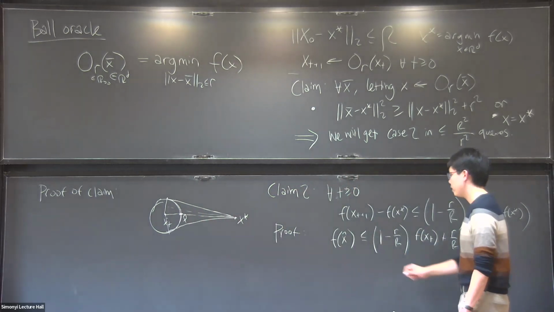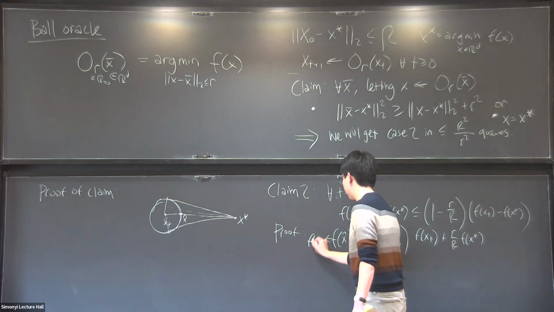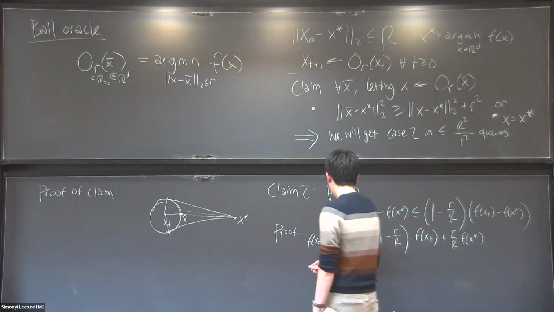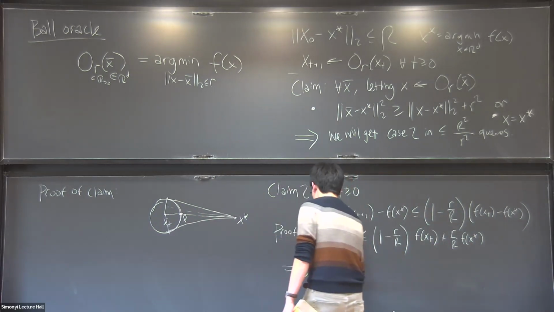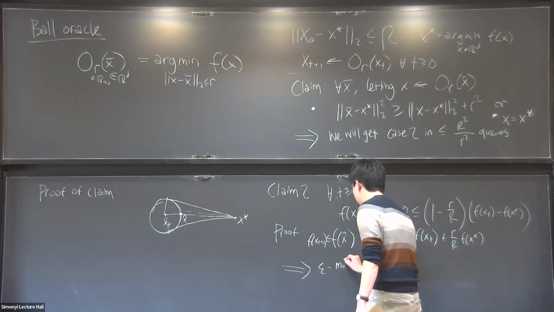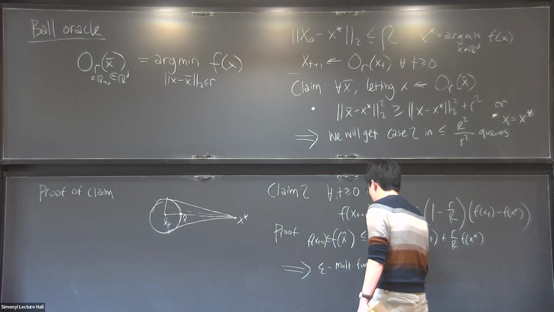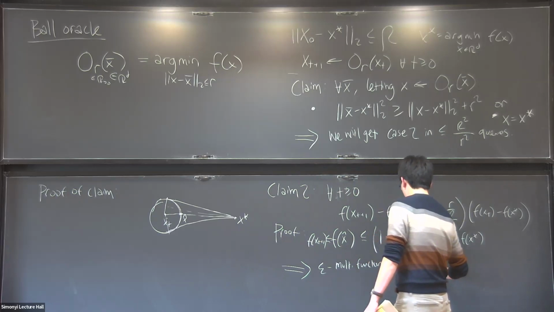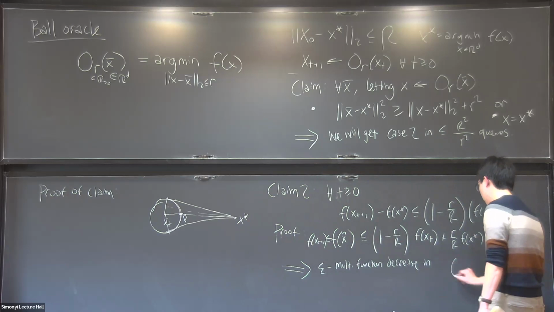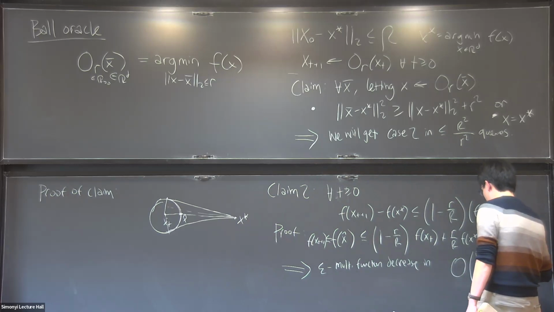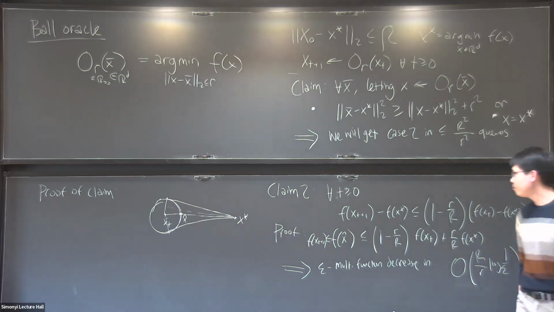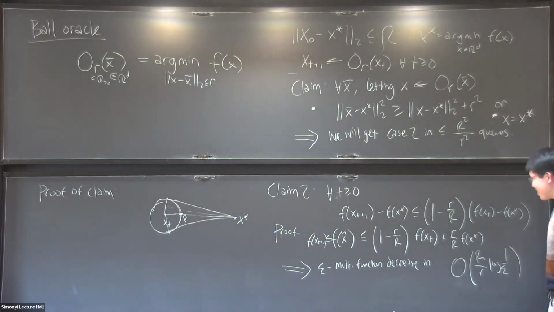Right? And certainly this is bigger than f of xt. Right? So as a corollary, I can get epsilon multiplicative function decrease in this many iterations, right?